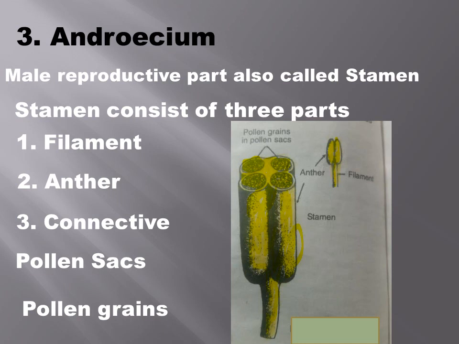Each anther has two lobes and each lobe produces two chambers called the pollen sacs. So we can say that pollen sacs are the chambers of the anthers. Within each pollen sac, the pollen grains are present, which are the male reproductive bodies.